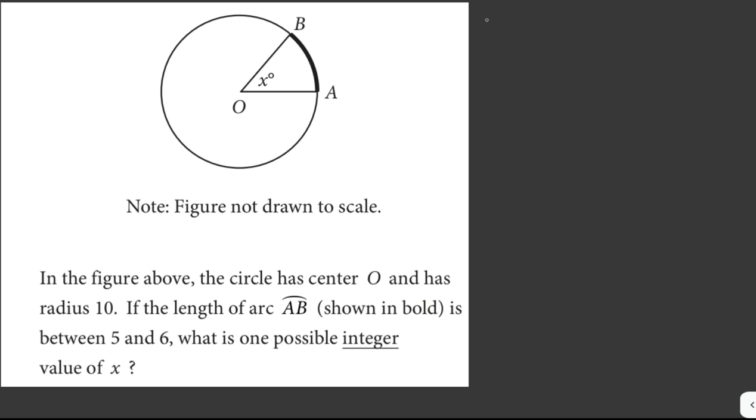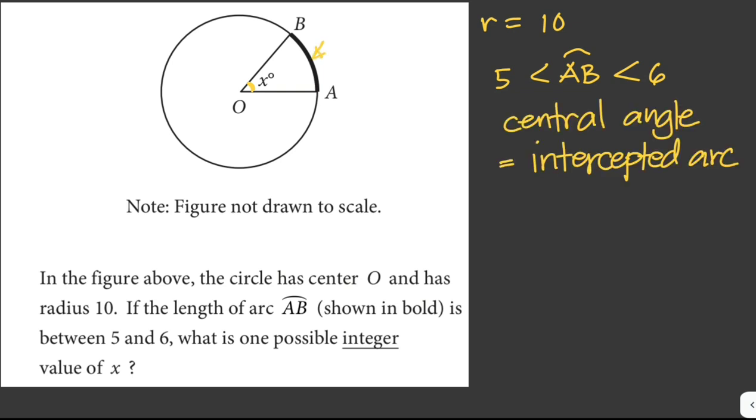It is given here that our radius is equal to 10, and the length of arc AB is between 5 and 6. Angle x degrees is the central angle and is equivalent to this intercepted arc.